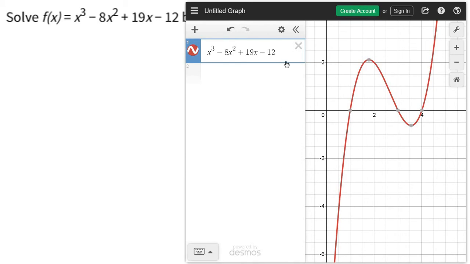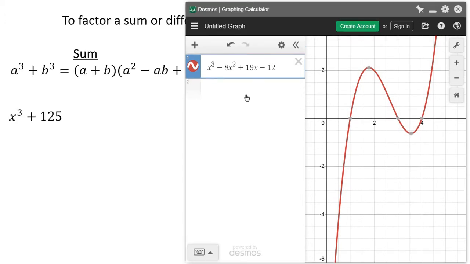And so if I set this equal to 0, like if it were on paper, I'm looking for the x-intercepts. Notice there's one, there's one, there's one. So my three solutions would be x equals 1, 3, and 4. Those are the three values that would make it equal 0. So that's really easy. If they say graph it, go graph it in Desmos, look for x-intercepts.